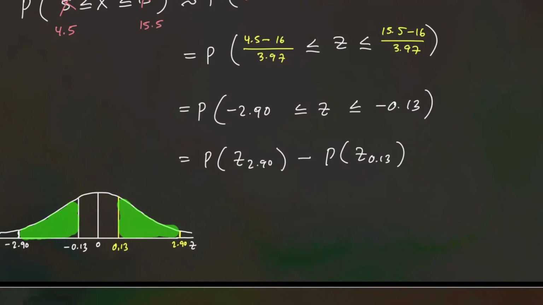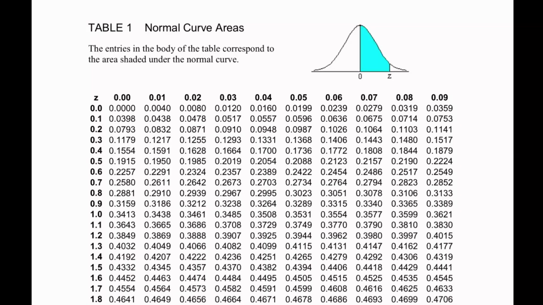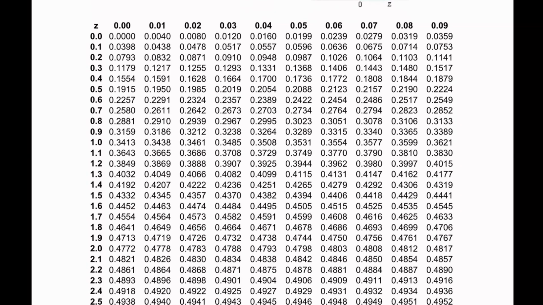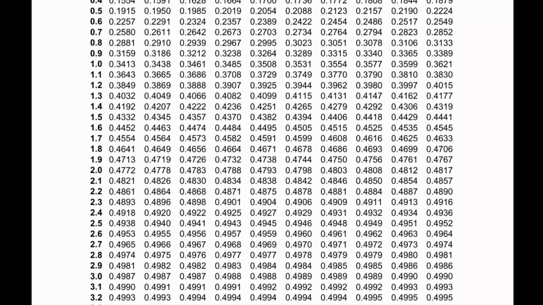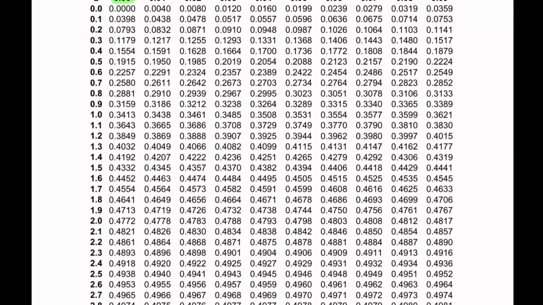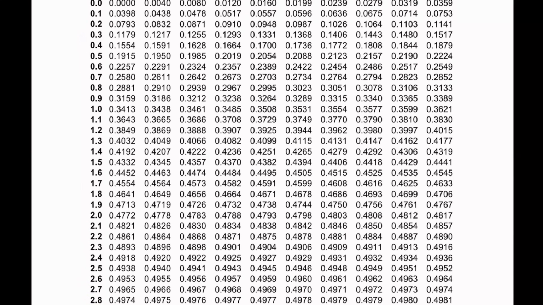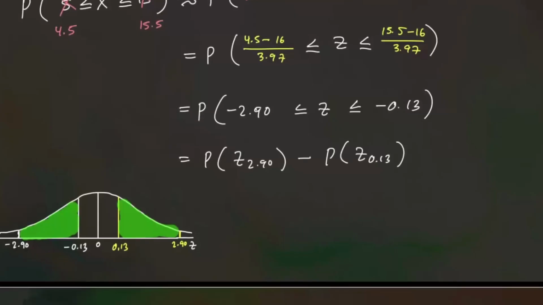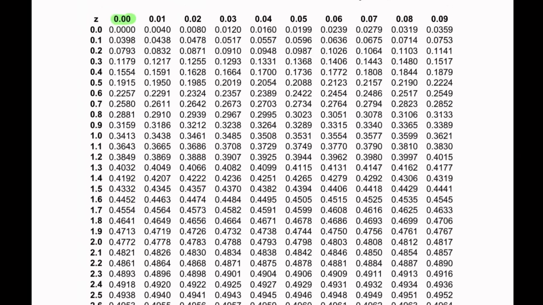So let's go to our z-score table. On the vertical direction, we're going to look for 2.9. So let's scroll down. 2.9 is right here. And then 0.00. So that means the area should be 0.4981. So we found our probability for z of 2.90 to be 0.4981, minus, now for 0.13, we go back to the z-score table.